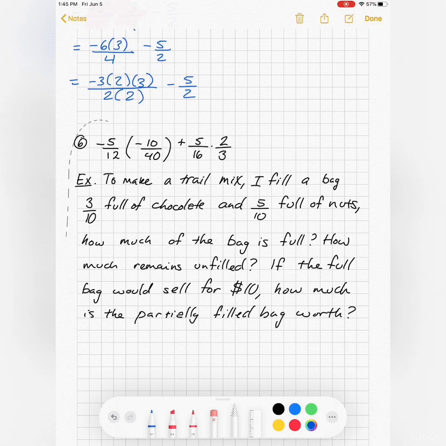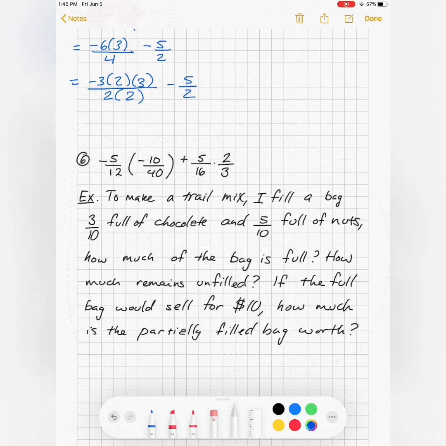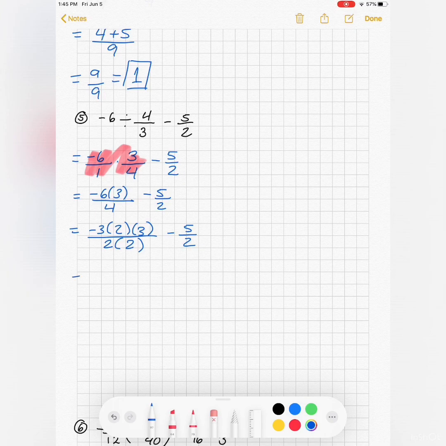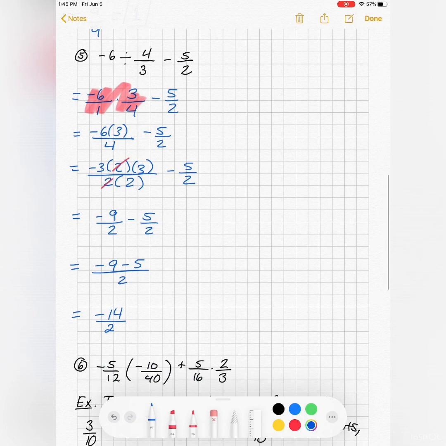I'm going to have to move this. Okay, where were we? I guess that's it. So -9 halves minus another 5 halves is negative 14 halves. Negative 7.